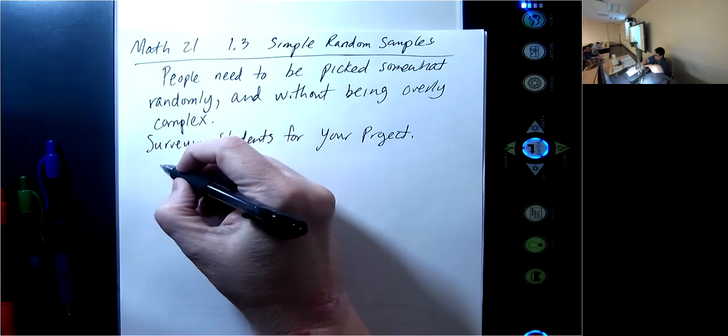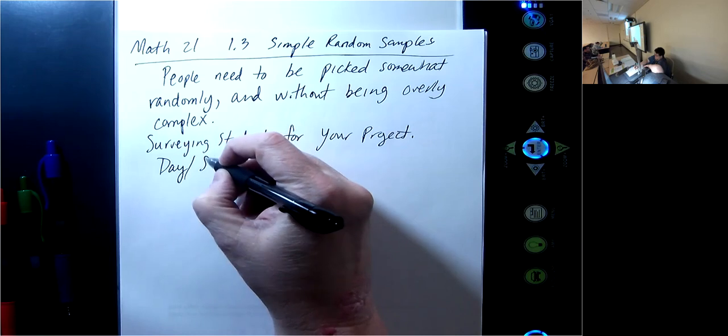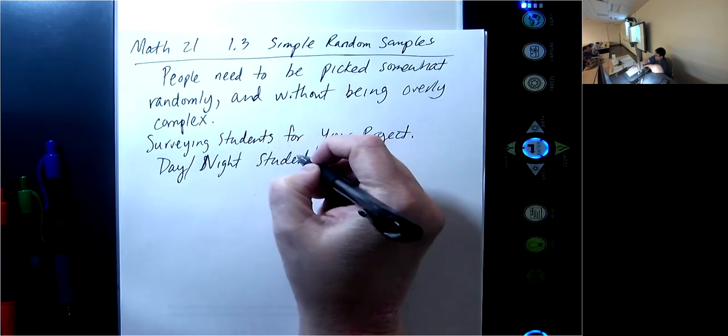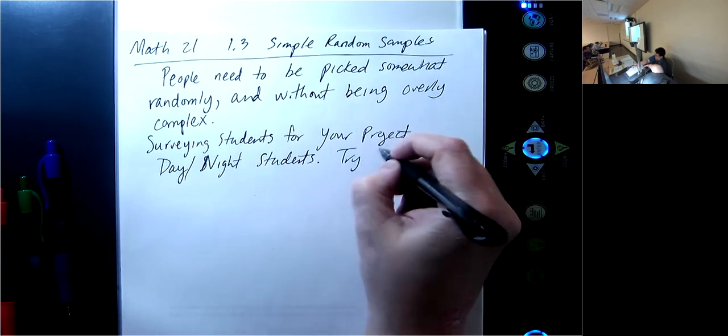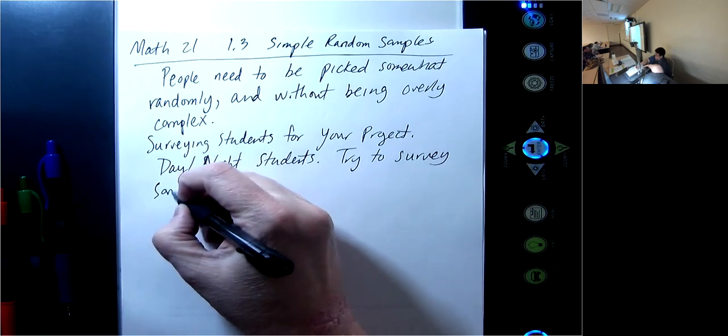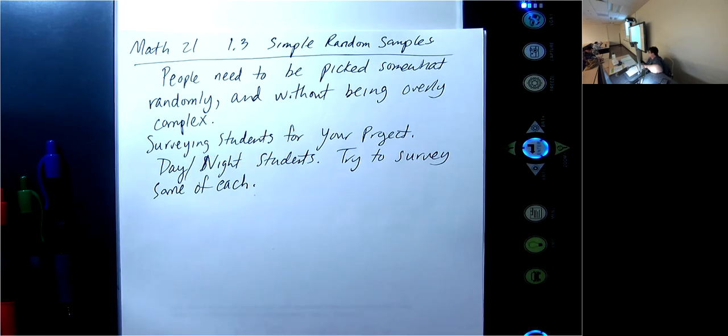So we've got day students and night students. Try to survey some of them, of each. You don't have to be here at 7 p.m., but if you're here at like 4 or 5, you generally get the night students, except the ones that literally work till 5 and race to school.